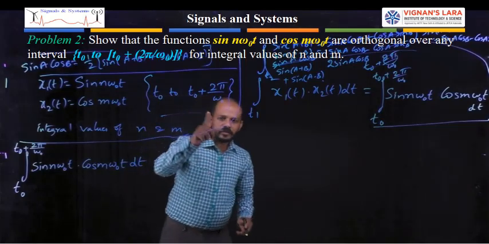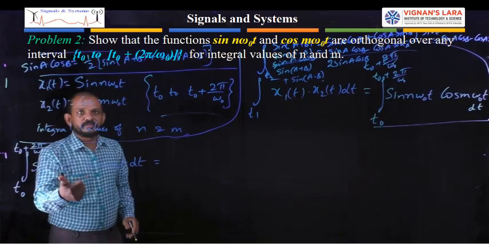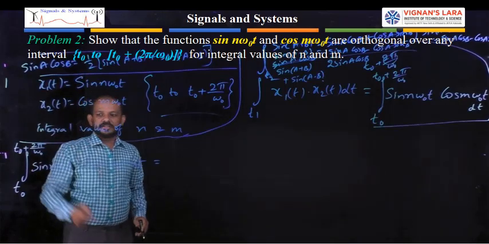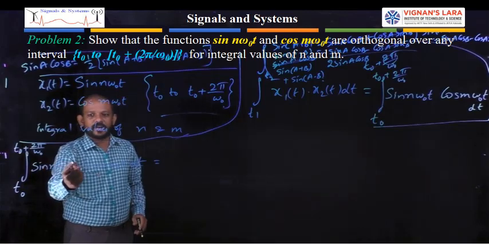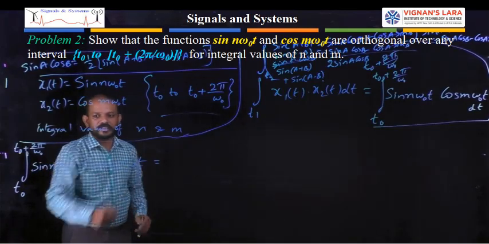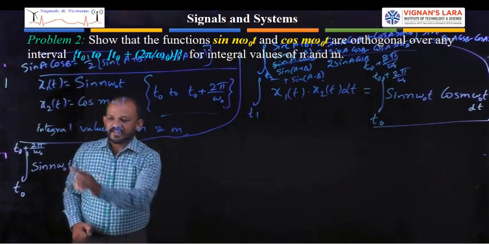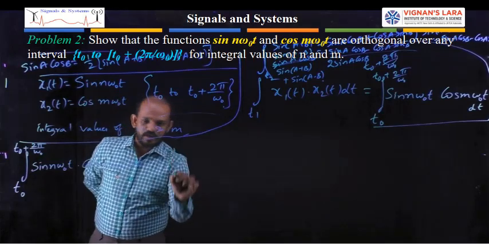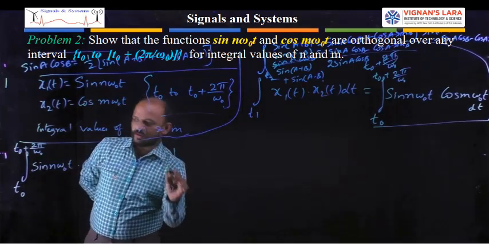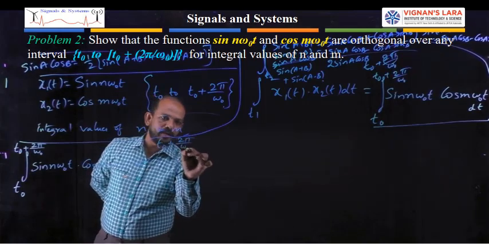Okay. Now, using this formula, how can you write this one? You have to write the formula for sine n omega naught t cos m omega naught t. Consider this as A and this as B. Sine A cos B, I am writing the integral from t naught to t naught plus 2 pi by omega naught.